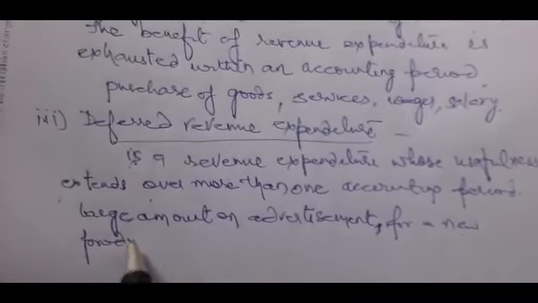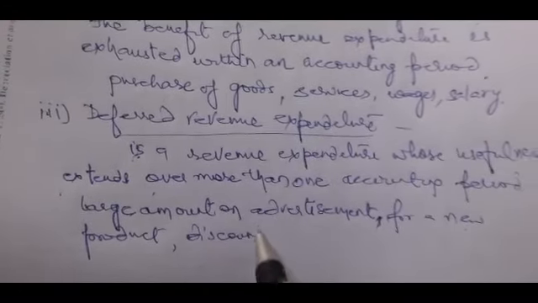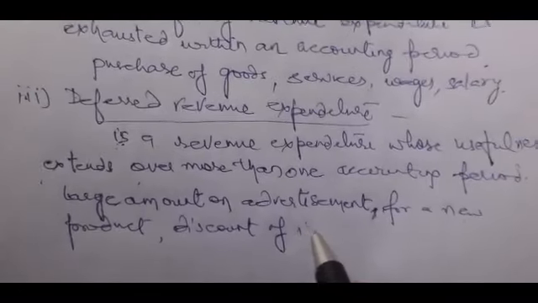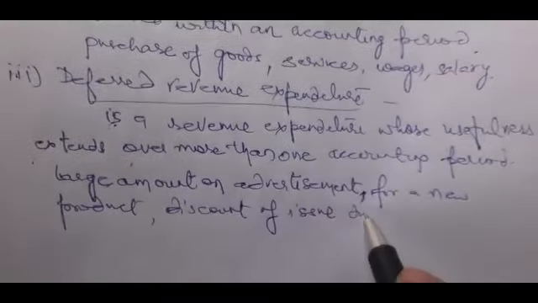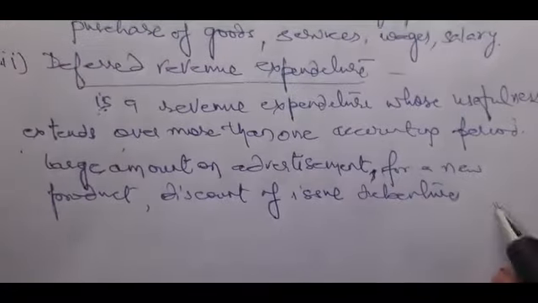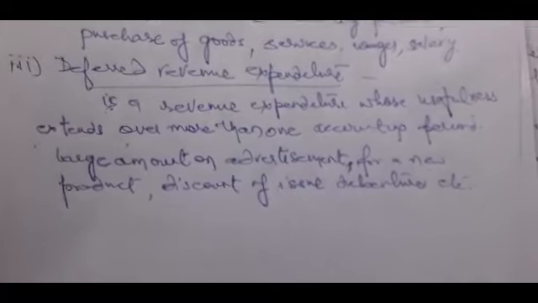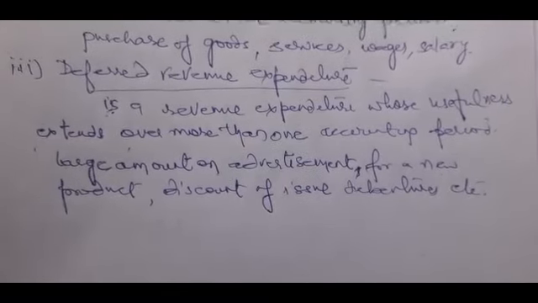Then discount on issue of debentures issued once will give benefit for a number of years. So expenditure done once, but its benefit is spread over a number of years.